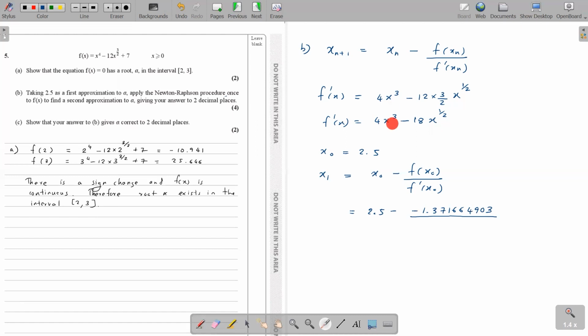So 4 times 2.5 cubed minus 18 times 2.5 to the power half. How much is the answer? 34.0395010106. Okay, type this. So the final answer is 2.54 when you correct it to 2 decimal places, because they asked you to give your answer to 2 dp. So x_1 is the second approximation, or you could say this is your alpha to 2 dp.